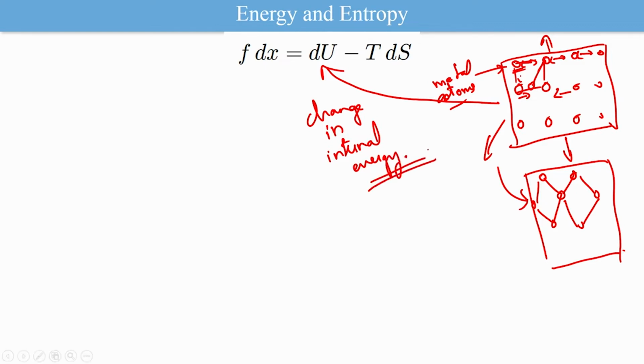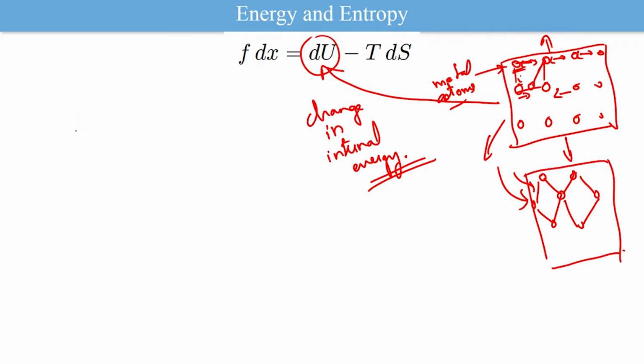Now, what actually happens is the ionic bonds get distorted. So, when you release the force, these ionic forces are strong enough to bring it back to its original shape. So, whatever force we applied here comes back to its initial state. This is what happens in case of metals.